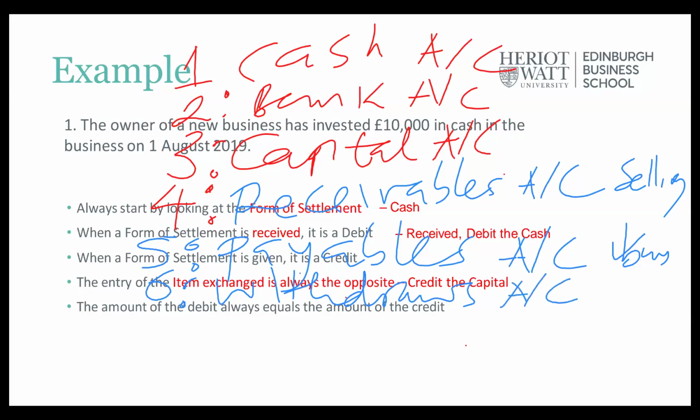And then you credit the cash account. You got it? Yes. You credit the cash account because your business cash account is giving money to who? To you, the owner. Okay?